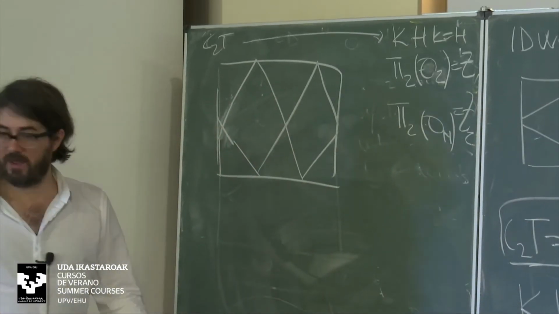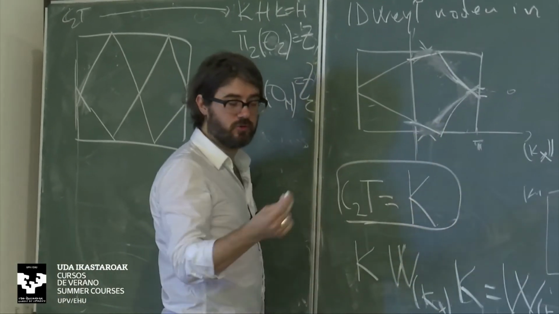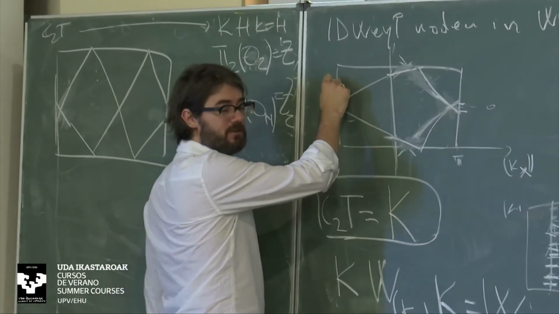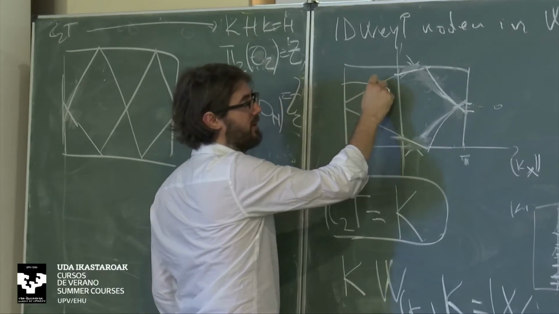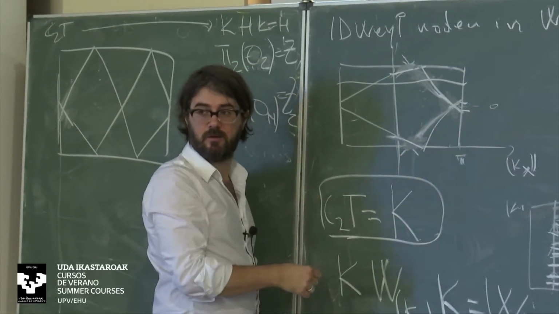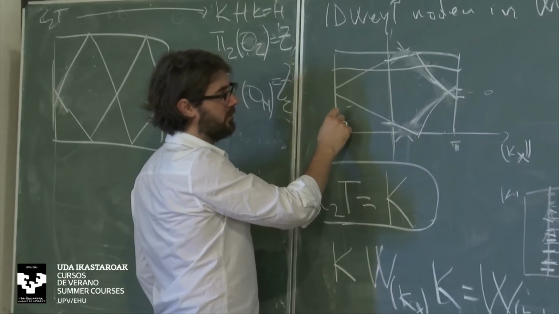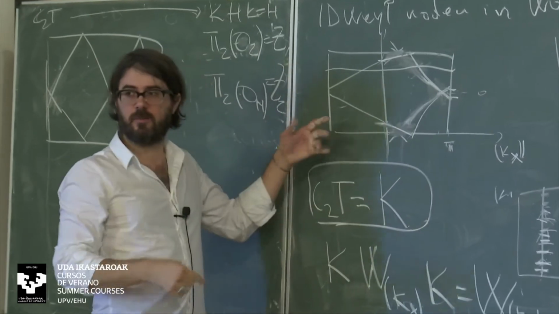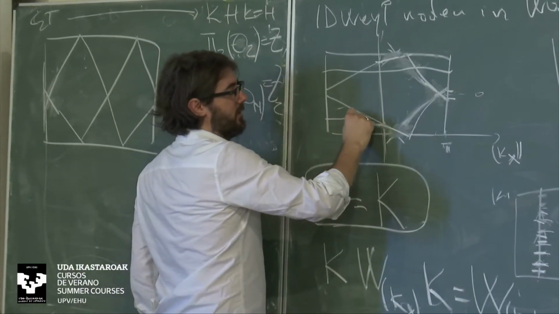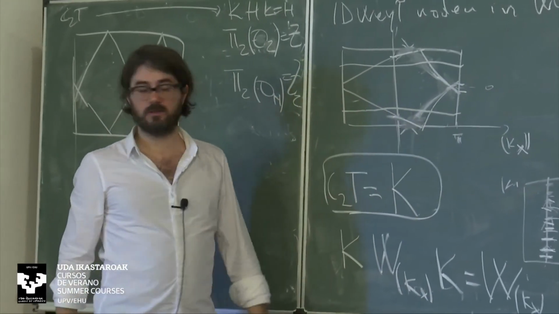Let's just add more bands. We do the same as we did in the inversion case: we add trivial bands with no winding. So I'm adding this band. What do I need to do if I add one band here? Yeah, but I need to add this. If the band is not at 0 or pi, I need to add another one. So if I add two bands, what will happen?